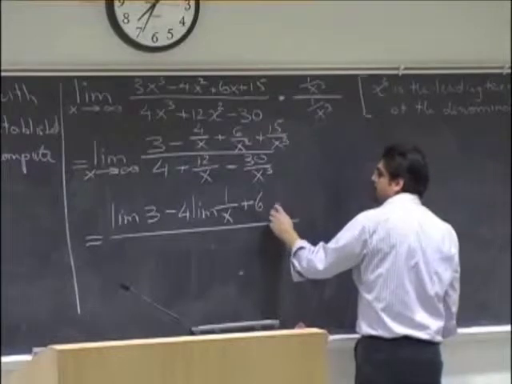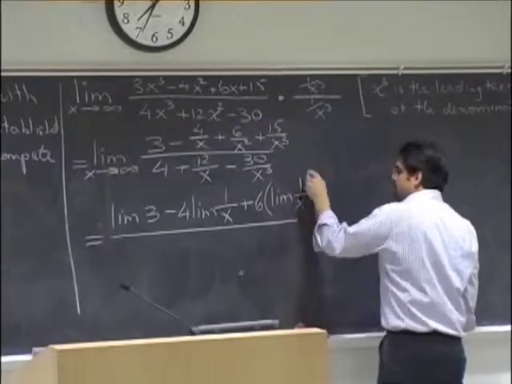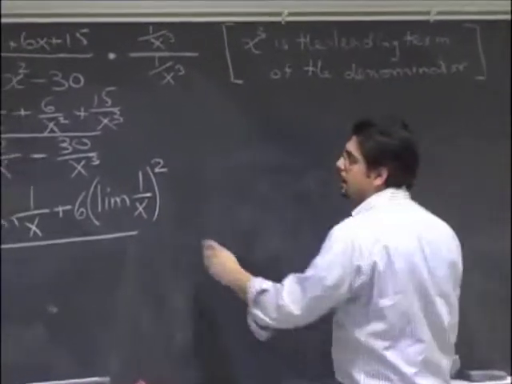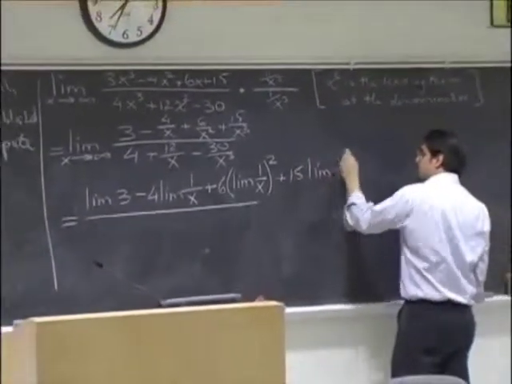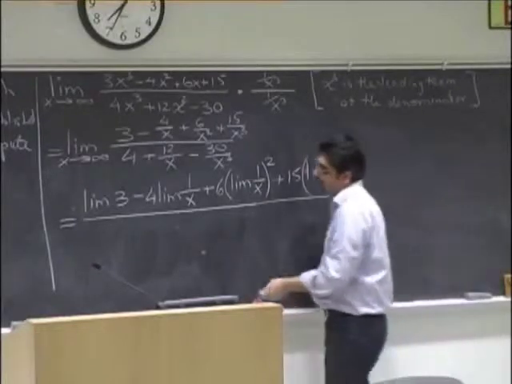The limit of 1 over x squared is the same as the limit of 1 over x, squared. And similarly here, we're going to do something similar for the denominator.